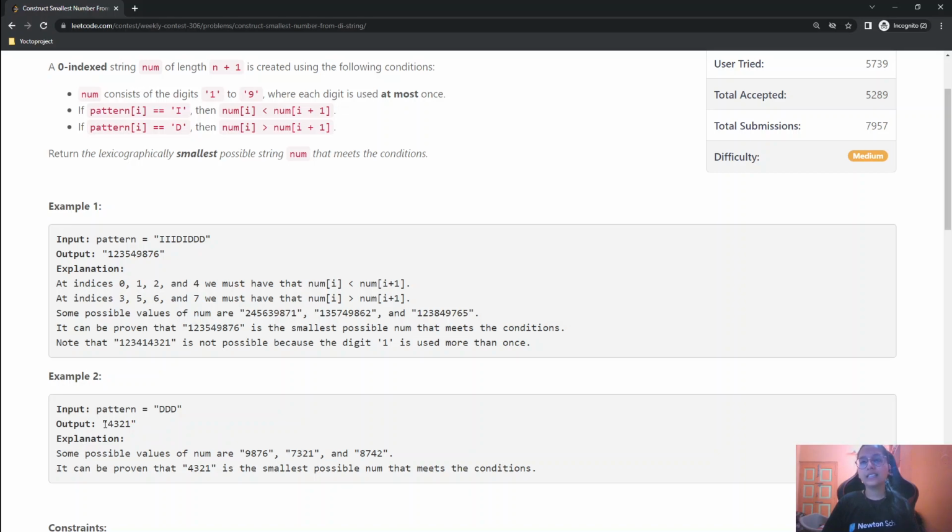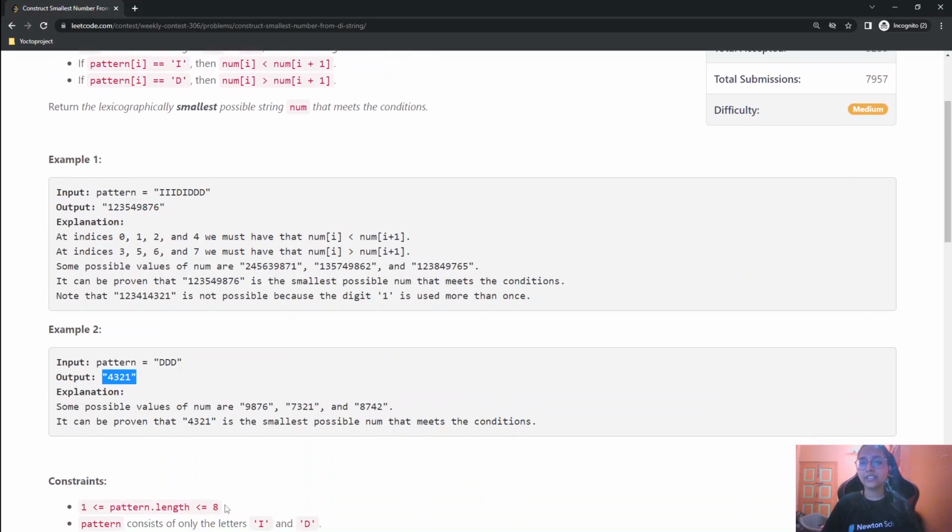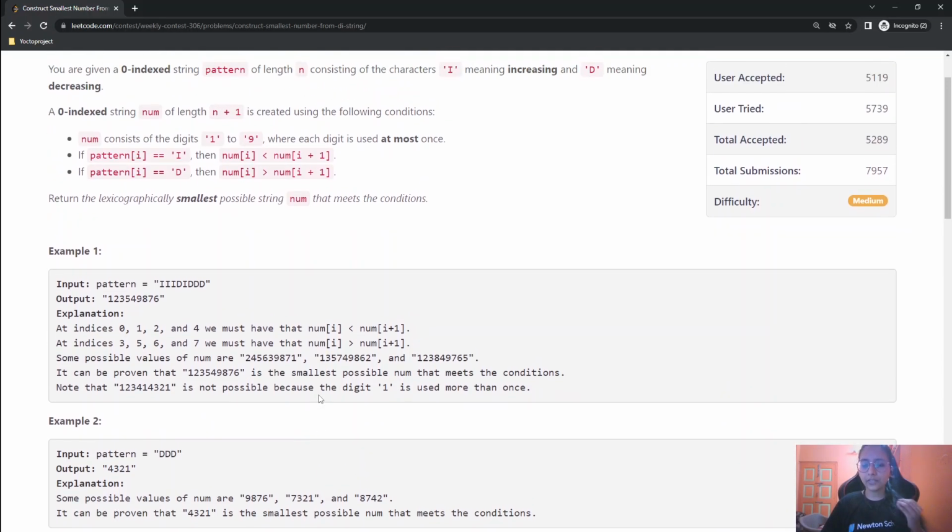But here the answer is given in the form of 4, 3, 2, 1 rather than 9, 8, 7. Not 9, 8, 7 but 8, 7, 6, because as per the constraint the pattern length should be equal to 8, not more than that. So that's why we need to think of a data structure or some logic with which we can implement that.